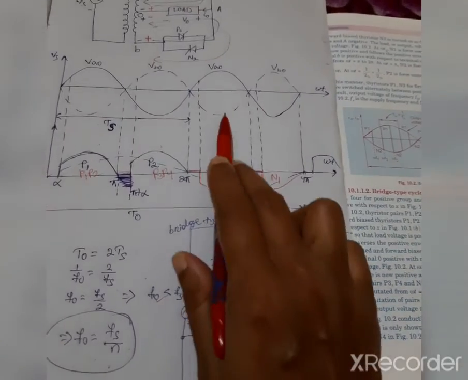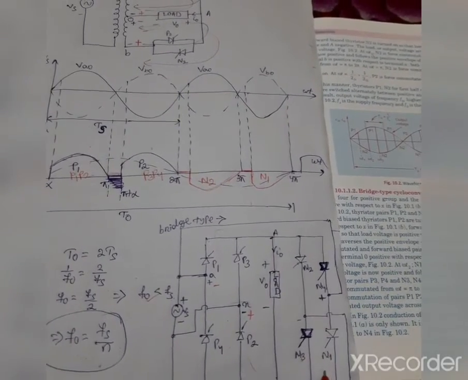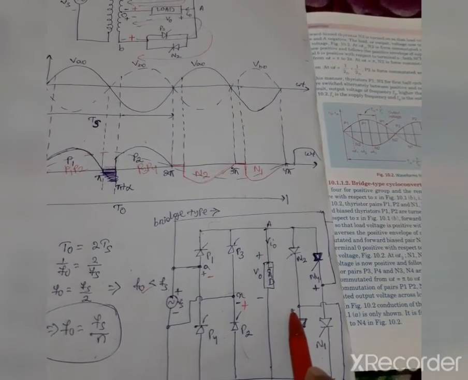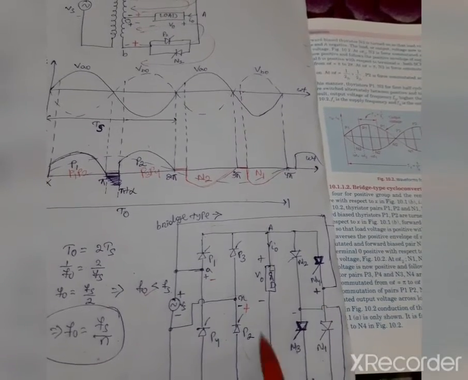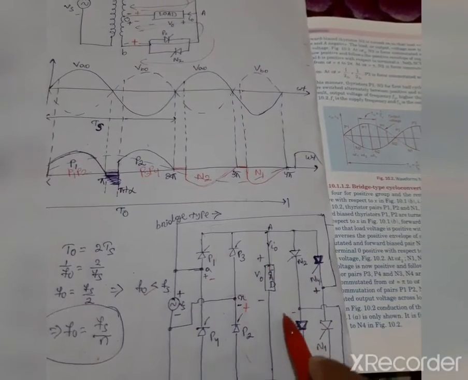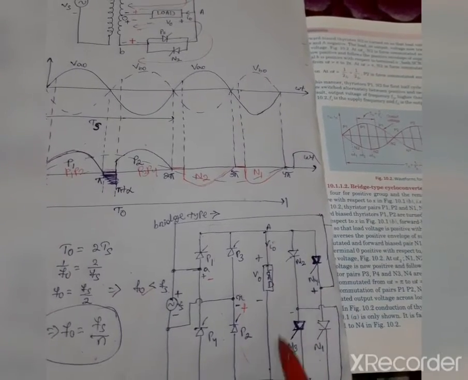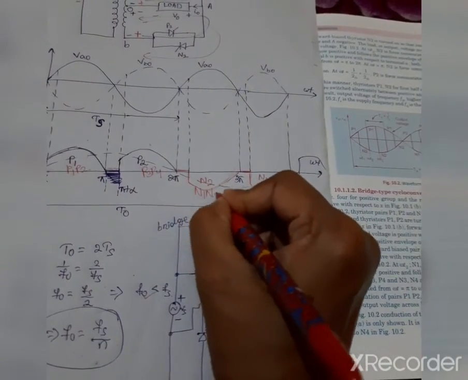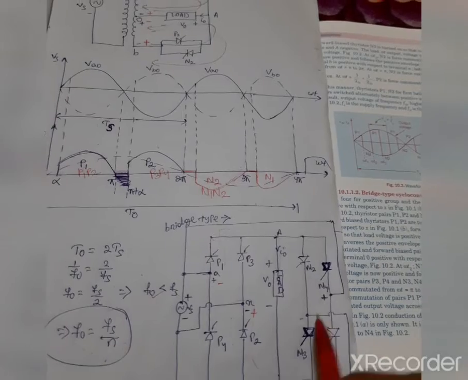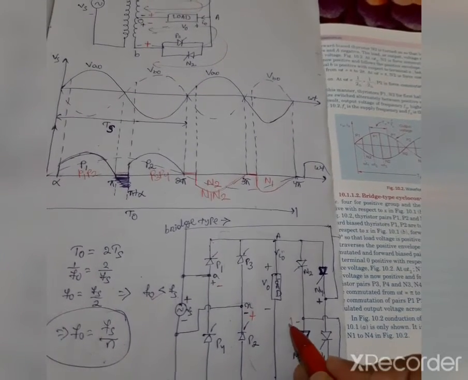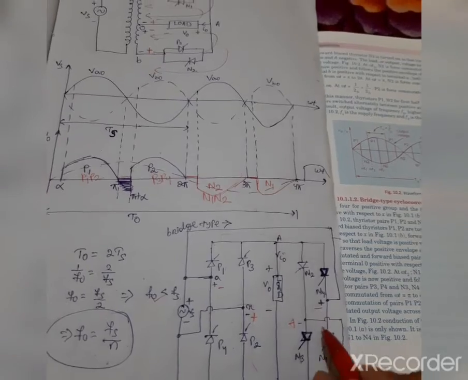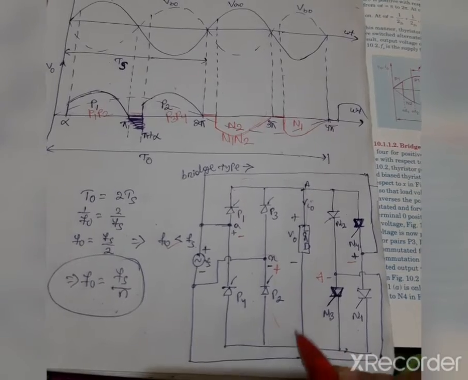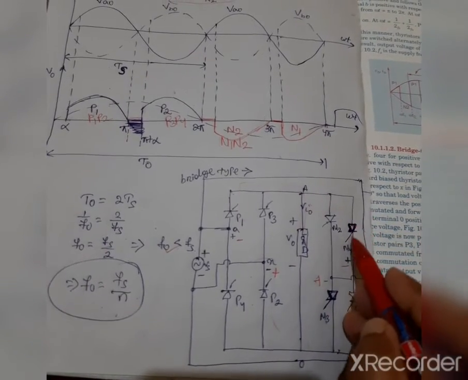So again the positive half cycle, this is positive. So here N1 and N2, from N1 to N2, the direction is changed like this. So here N1 N2 conduct, and then when it is positive and it is negative, positive means N3, then N4.